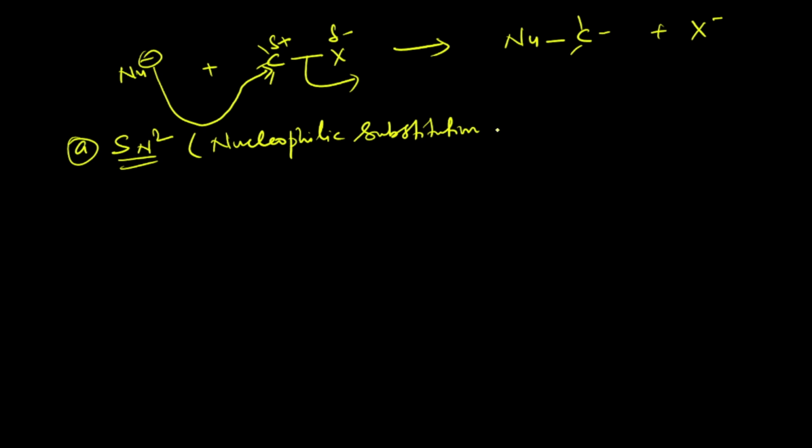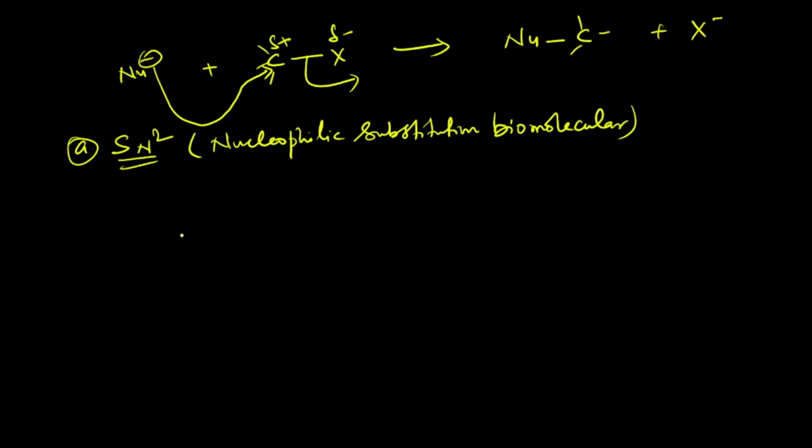See here, 2 means bimolecular, 1 means unimolecular. So in this, the incoming group and the leaving group both will be present together. So we call it bimolecular, and the rate of reaction will depend on both the substrates.